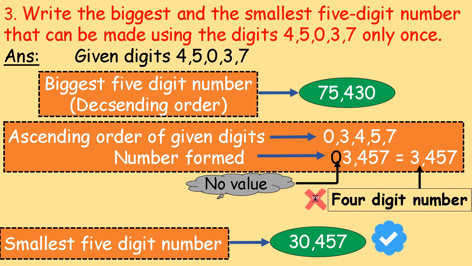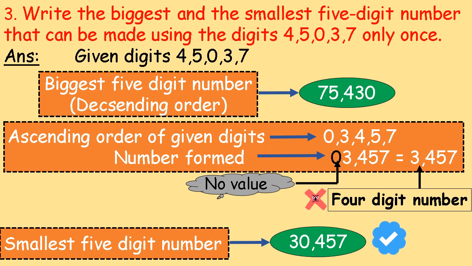Now let's make smallest 5-digit number using given digits. To get the smallest number, we have to arrange the given digits in ascending order. Ascending order of given digit is 0, 3, 4, 5, 7 and the number formed is 03,457, which is a 4-digit number because 0 in the extreme left place does not have any value.